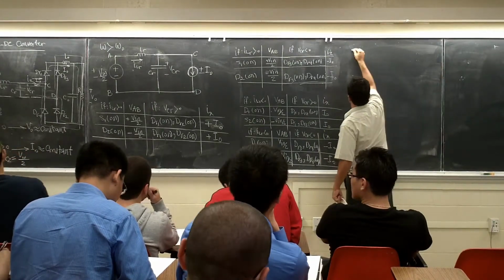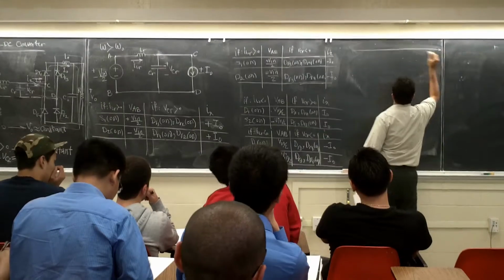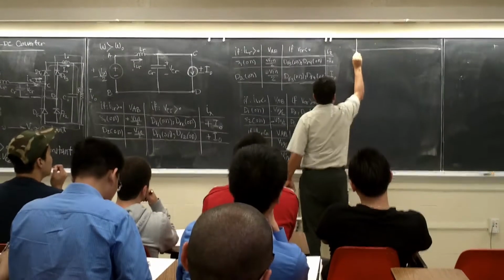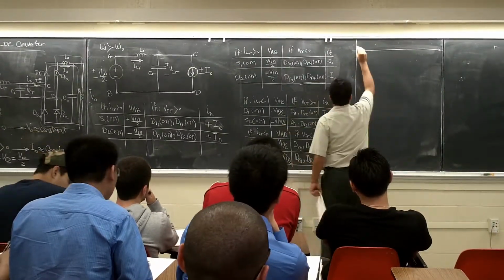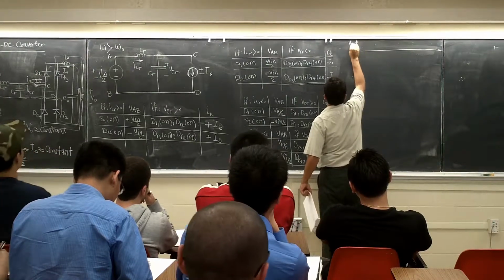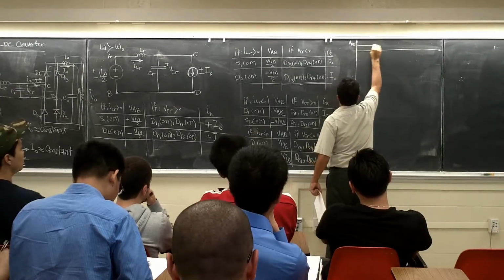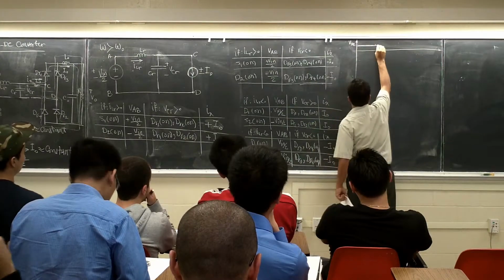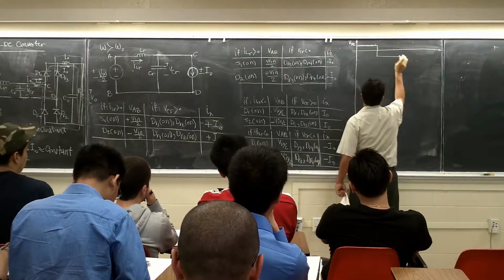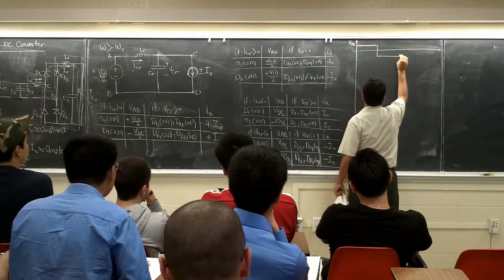Let's start with the VAB. This one is going to be Vin over 2 and minus Vin over 2, right?